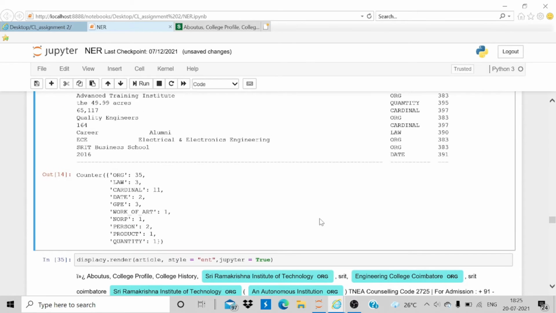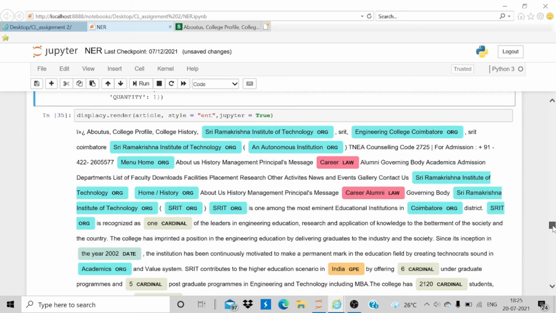Okay. So totally, using a counter, we can understand how many entities are present in the article: organization 35, law 3, cardinal 11, date 2, geographical 3, work of art 1, person 2, product 1, quantity 1. Okay. So this will give the summary. And then this is the highlight of named entities present in the article.